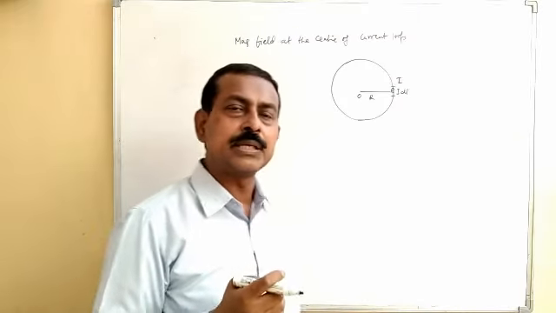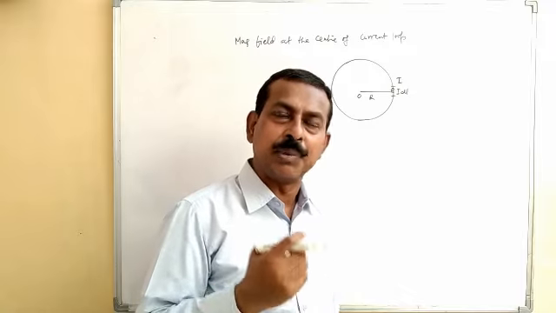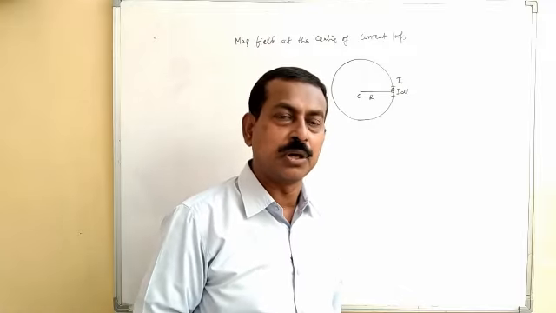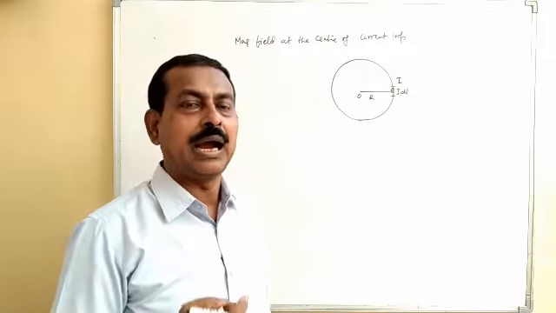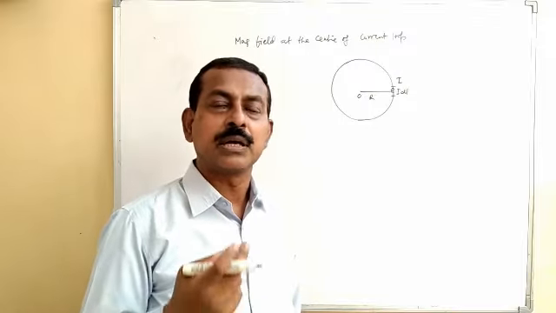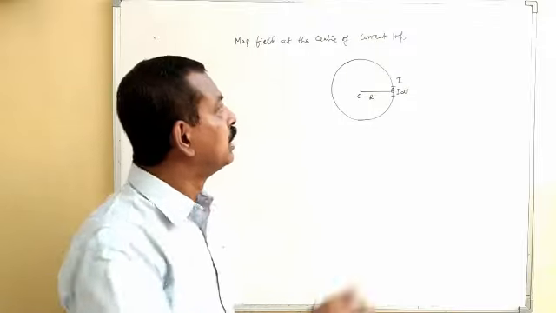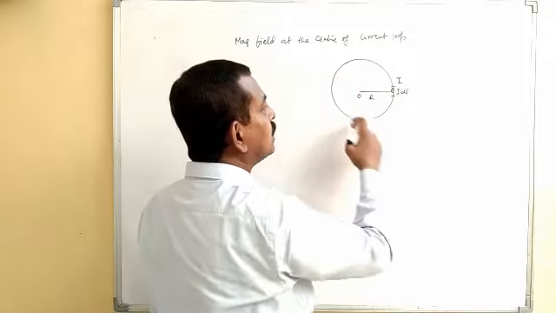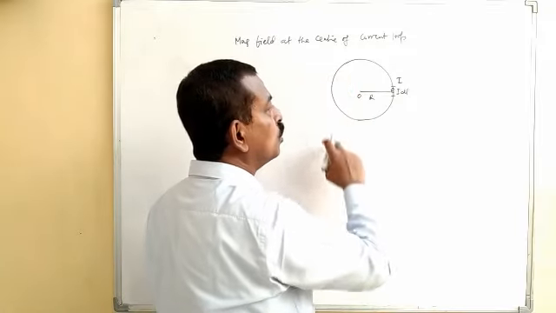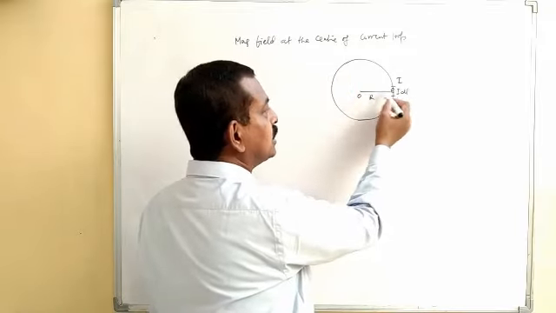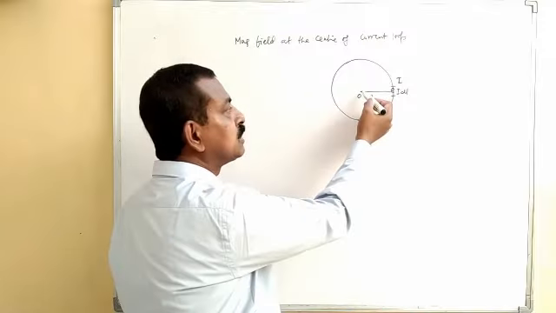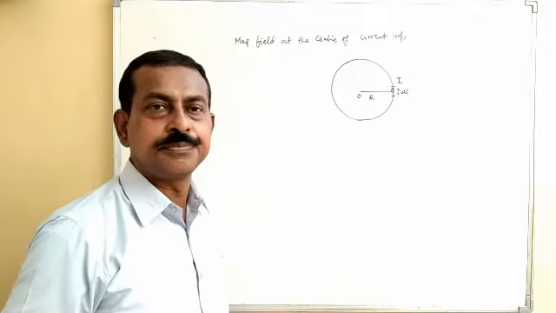Let's take one simple example or application of Biot Savart's law. Magnetic field at the center of a circular current carrying loop. So suppose we take that I is the current through this circular loop and its radius is capital R. We want its magnetic field at the center.